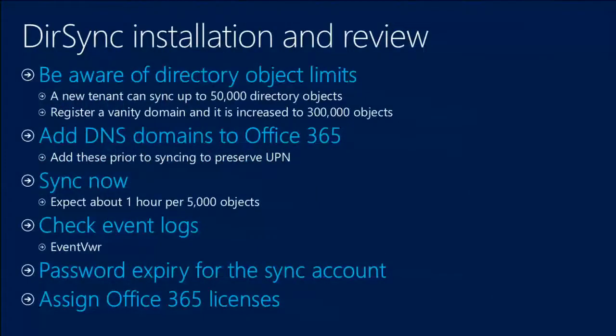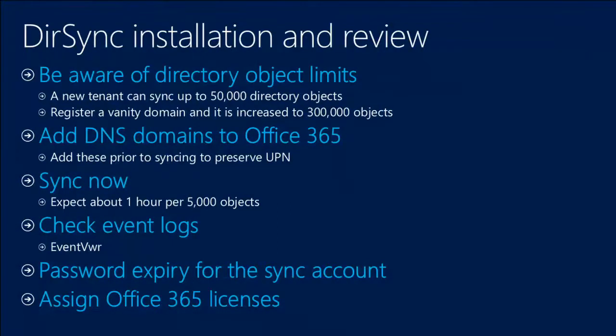All right. A couple of tips for DirSync implementation and reviewing what's going on. Be aware of directory object limits. By default, a new Office 365 tenant, like that trial tenant that I just created, will be able to synchronize 50,000 objects from an on-premises Active Directory.